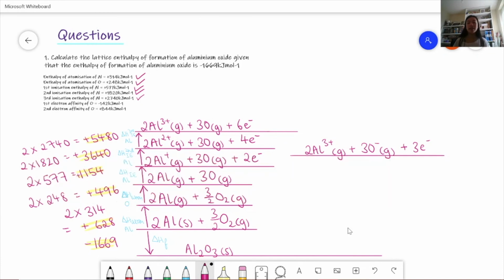Again, we need to remember the definition. So the definition of electron affinity is when we form 1 mole of O minus gaseous ions, and because we've formed 3 of them, we need to times the enthalpy by 3. And so first we draw an arrow going down because it's now an exothermic reaction, and then we have 3 times minus 142, and that is equal to minus 426.